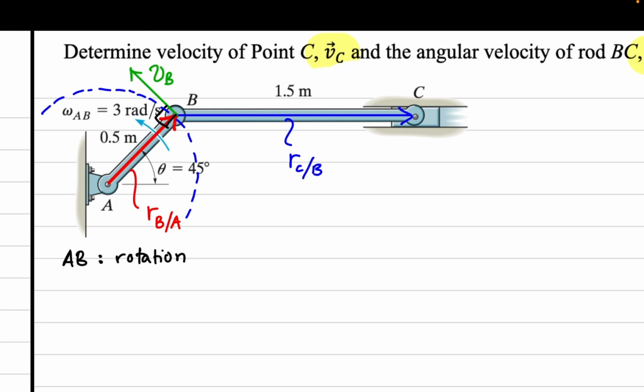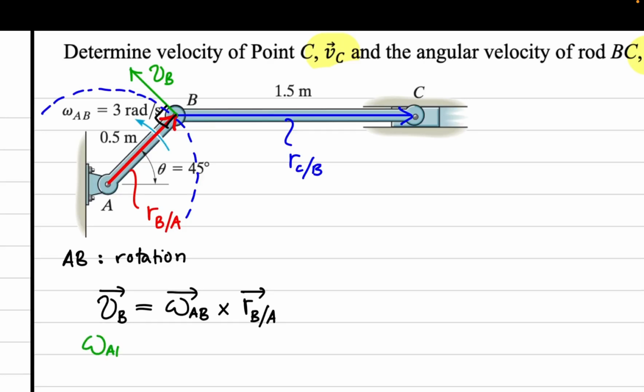For rotation, we write the equation VB equals omega cross product R. So omega here is omega AB, cross product RB/A, and everything has to be in vector form, where you have the arrow on top. To get VB, we need to know what is omega AB and what is RB/A. Let's start with omega AB, the easiest one.